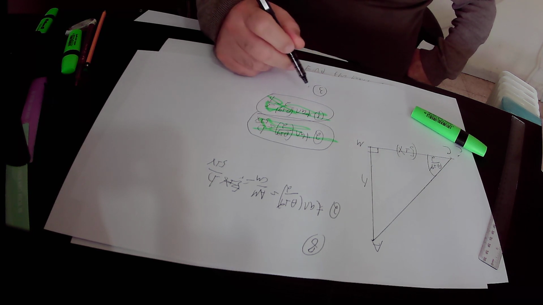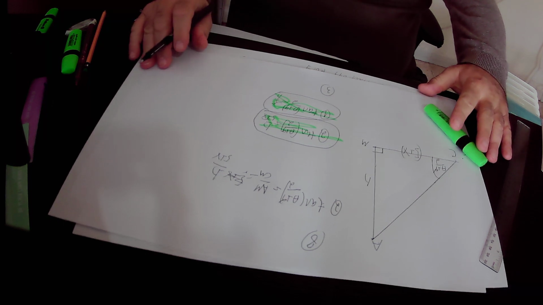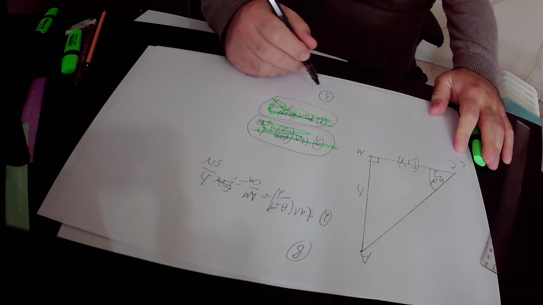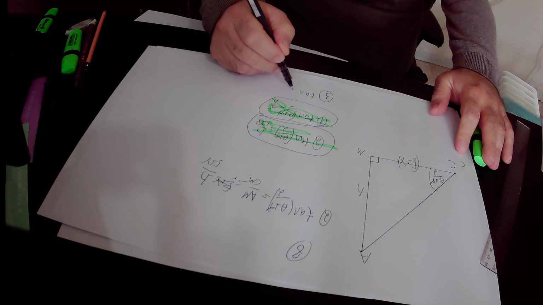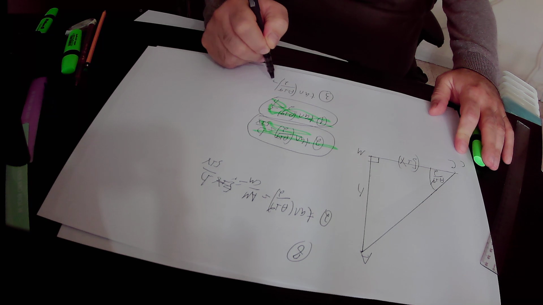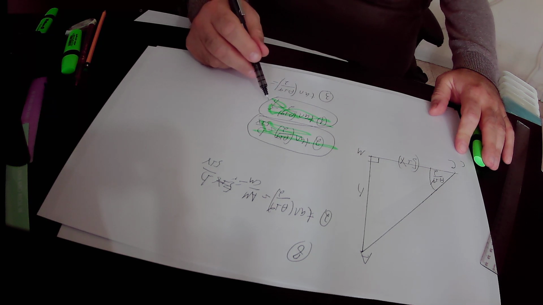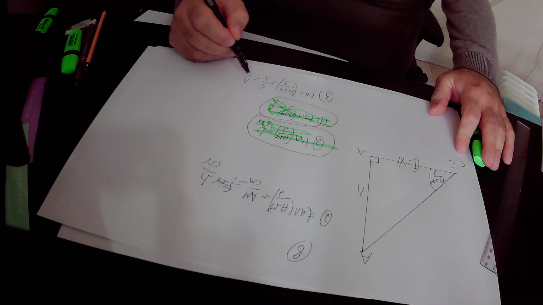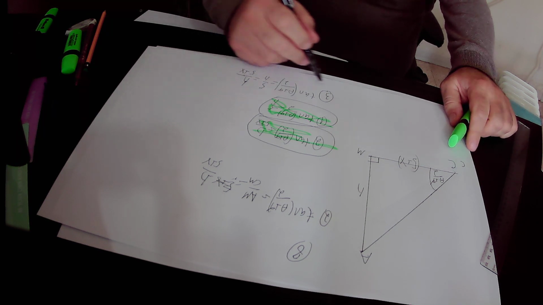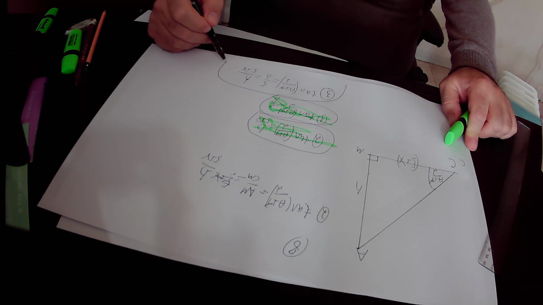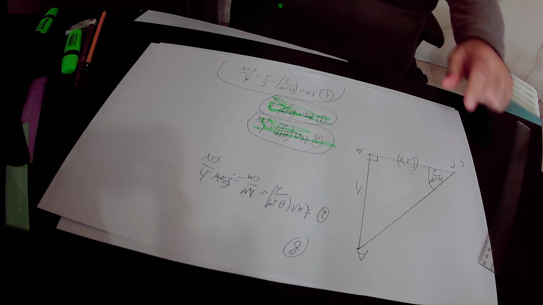That is the combination of equation number 1 with equation number 2. So according to equation number 3, tangent theta plus alpha over 2 will be equal to, according to equation number 1, 5 over x. And according to equation number 2, tangent theta plus alpha over 2 is equal to h over 5 plus x. Okay, so equation number 3 is a combination of equation number 1 with equation number 2.